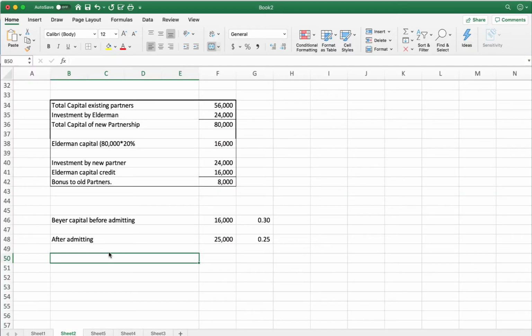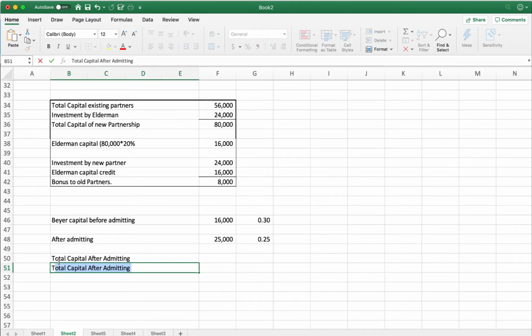In order to figure that out, we want to take the total capital after admitting versus total capital before admitting.